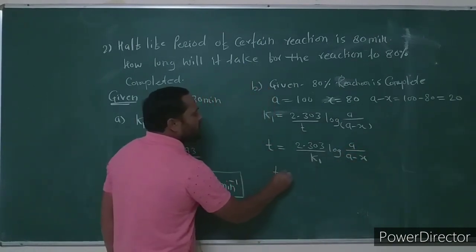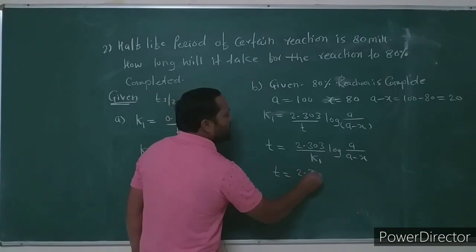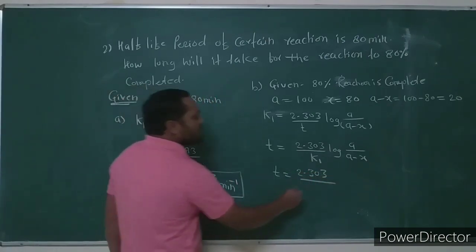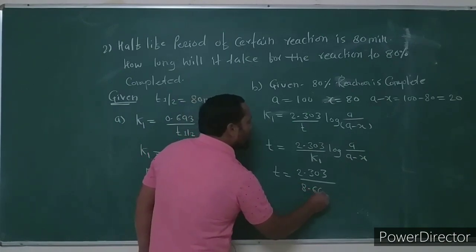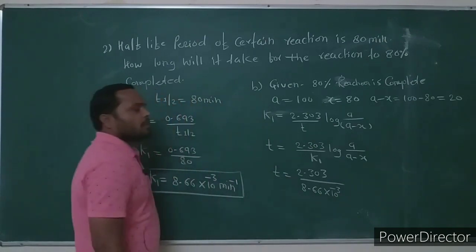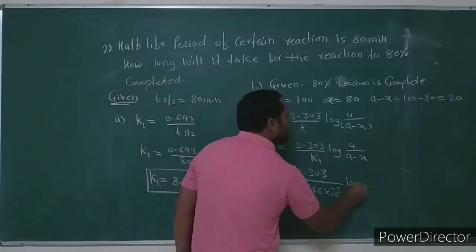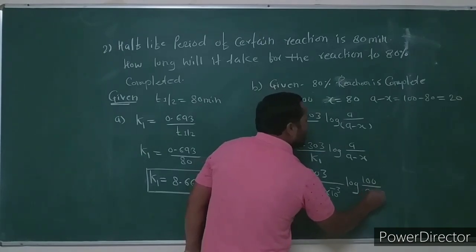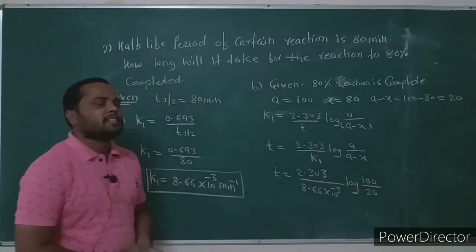Then we can substitute the values. 2.303, the rate constant is 8.66 into 10 raised to minus 3, log A is 100, A minus X is 20.